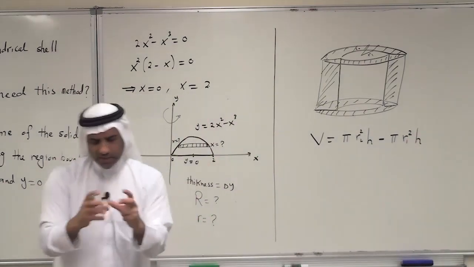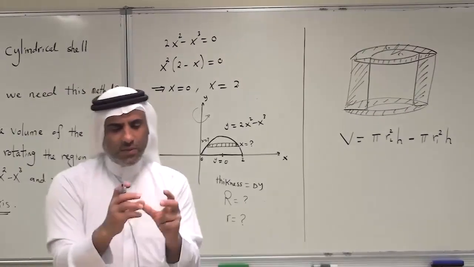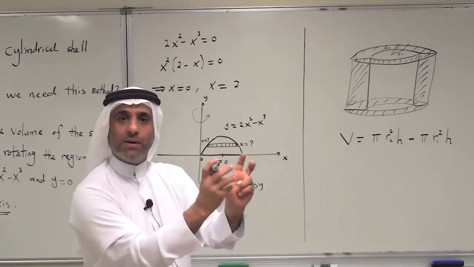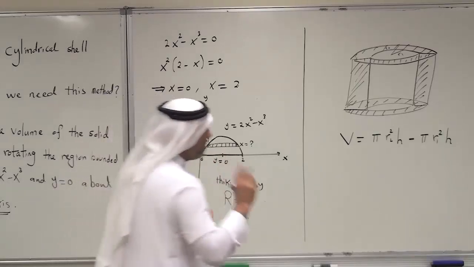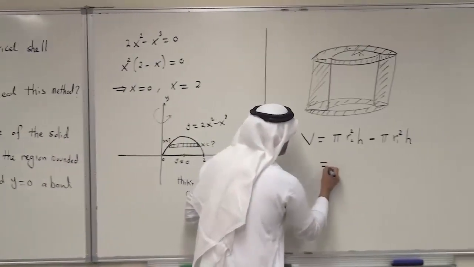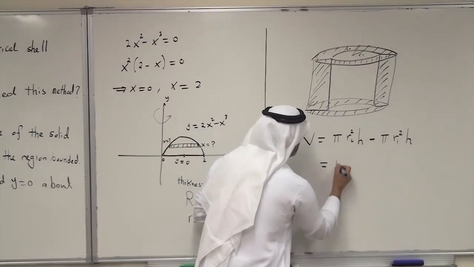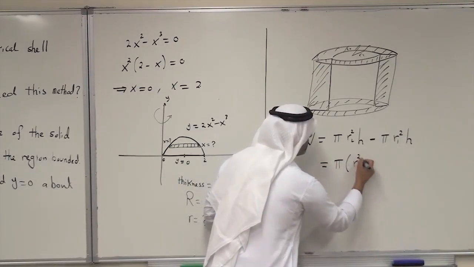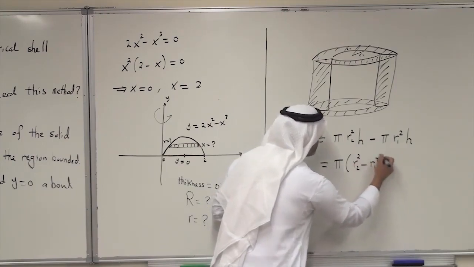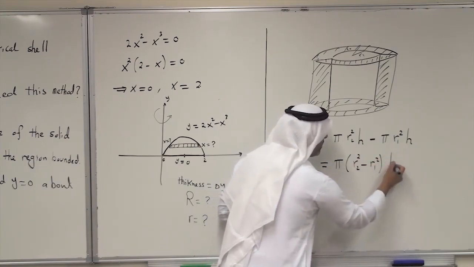We'll try to put this formula in a nice way so that we can motivate our technique, which is called volume by cylindrical shell. So what I will do here is take some common factors. I will take pi as a common factor, then I have r2 squared minus r1 squared, and I will also take h as a common factor.